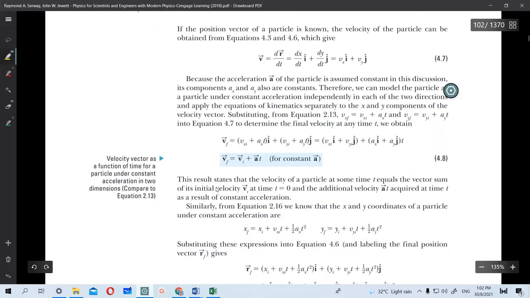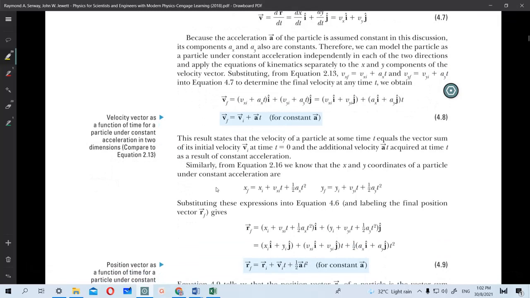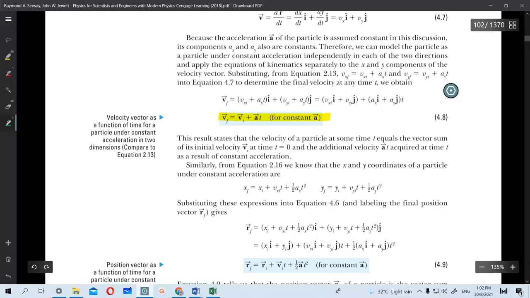So let's now start. This is an example. The generic way of writing the expression for velocity is v = u + at. Now what happens next is, as you can see here, they are separating the x component for u in this case, and they represent the y.